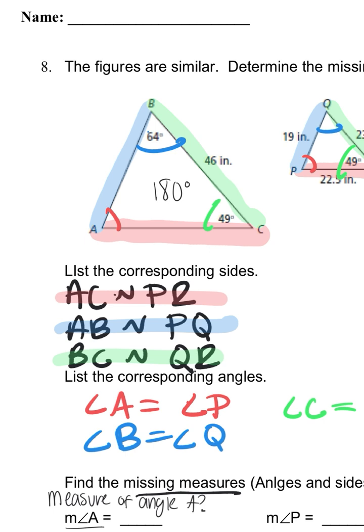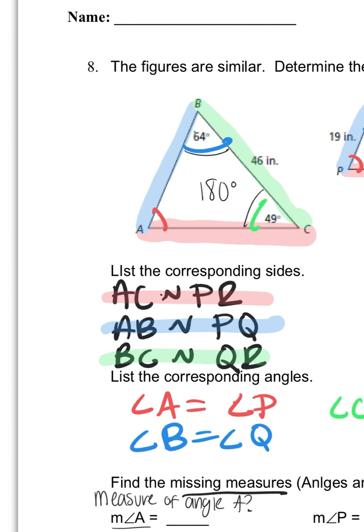So if I know angle B and I know angle C, add those two together, plus the rest of angle A should equal 180 degrees. So I'm going to add 64 plus 49 together first. 9 plus 4 is 13. 6 plus 4 is 10, plus one more is 113. B and C together is 113.